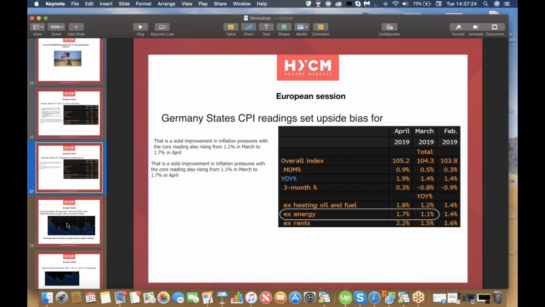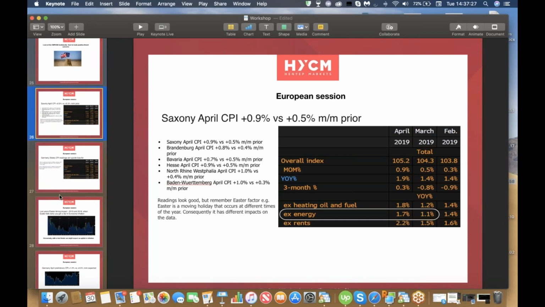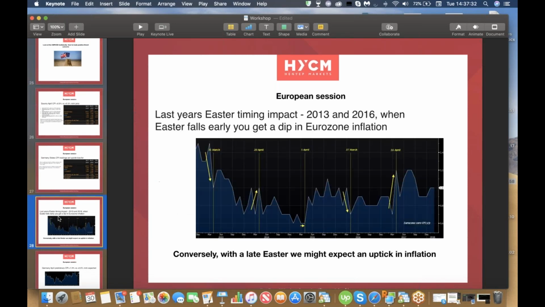Yeah, we've gone over that. Now, the thing to remember about these CPI readings, and it's worth bearing in mind, is that wherever Easter falls does impact the Eurozone inflation reading. So if you notice on this chart here, when you have an early Easter, you tend to see a fall in inflation.